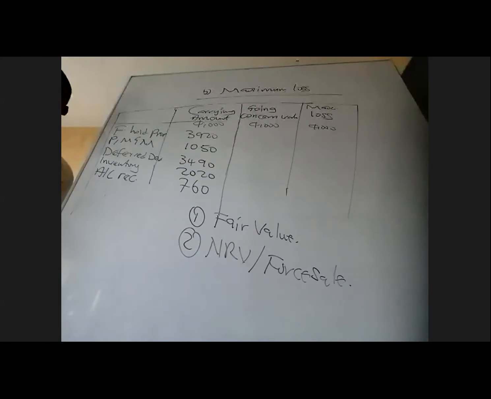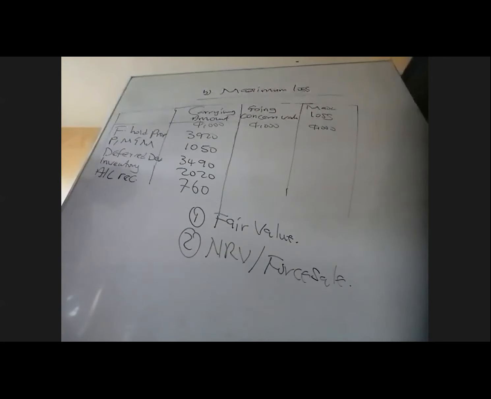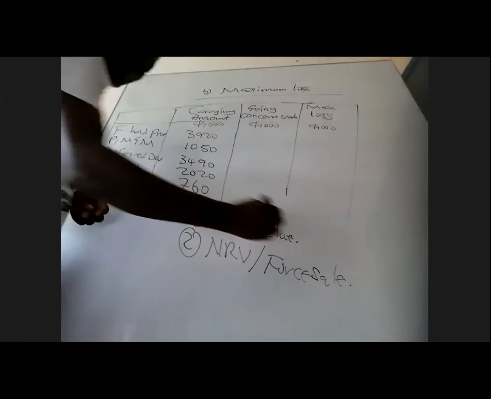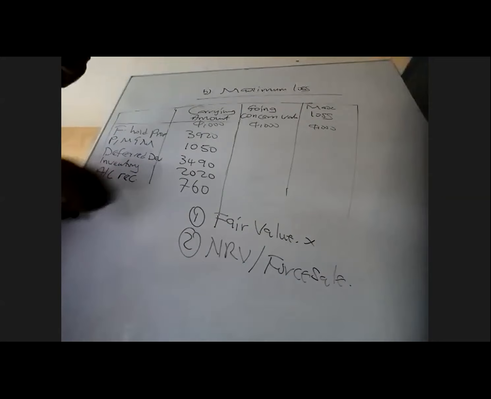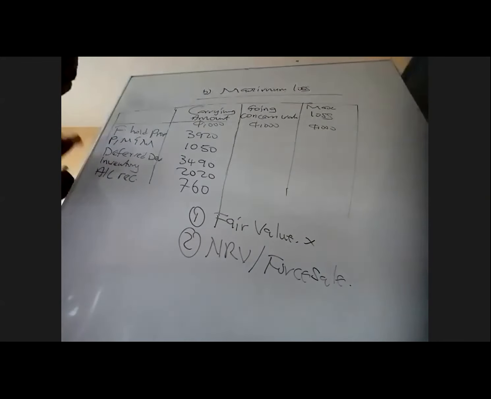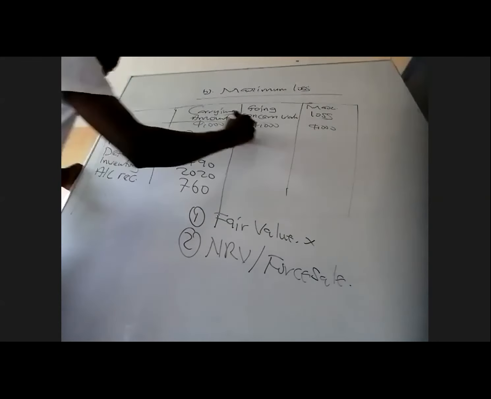The directors believe that the net disposal value of the freehold properties will be 4 million. Now they didn't give us fair values. So there's no fair value. But they give us net disposal value, which is the liquidated value. So 4,000.